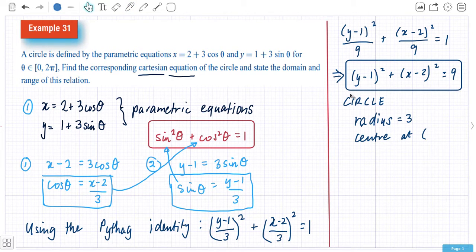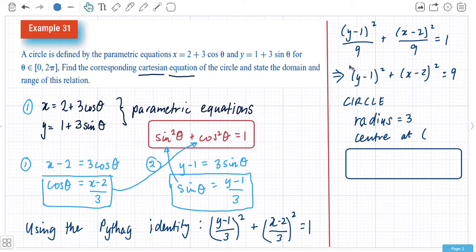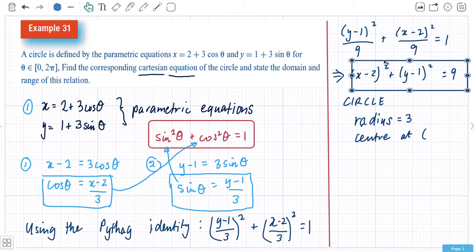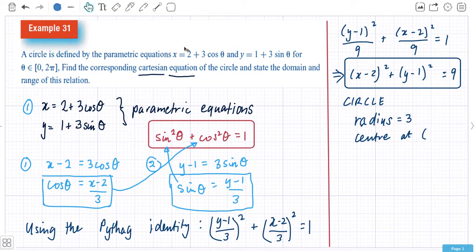So if you wanted to, you could absolutely pick this up and move it so it's in a nice format that you're happy with, like so. So now we can see the centre nice and clearly is where we've got x minus 2 at the start there, so the centre is going to be at 2. Remember, it's always the opposite, and 1.